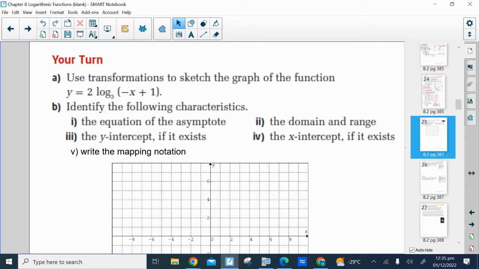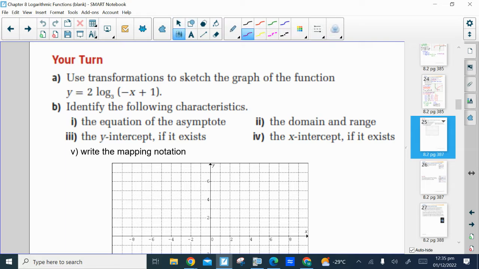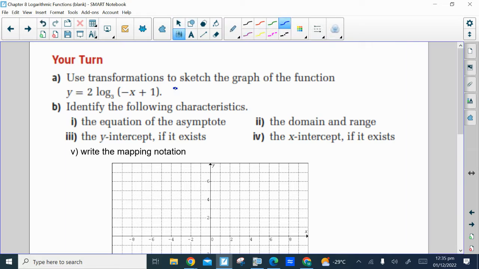So continuing to look at transformations of a logarithmic function. We want to sketch the graph of y equals 2 log base 3 of negative x plus 1. Like we saw yesterday, we have to do a bit of work here.